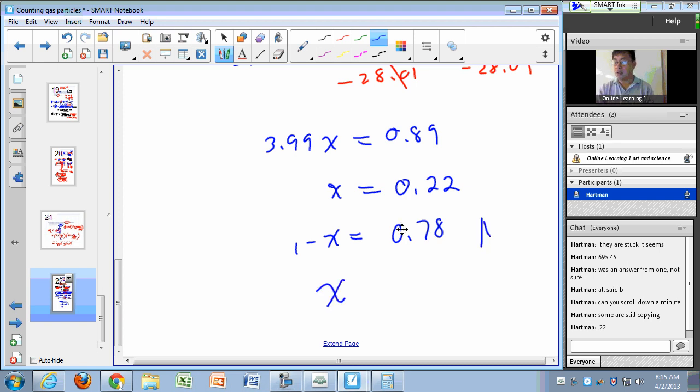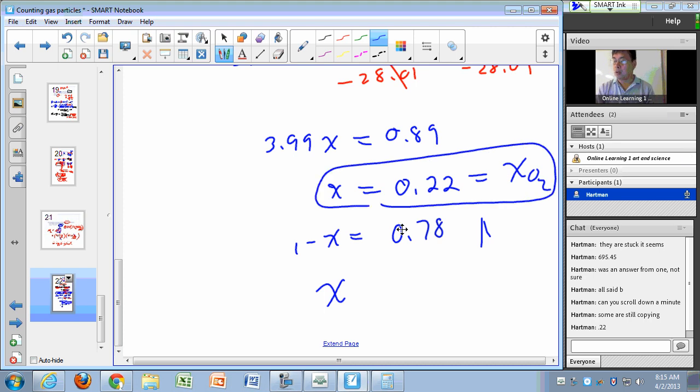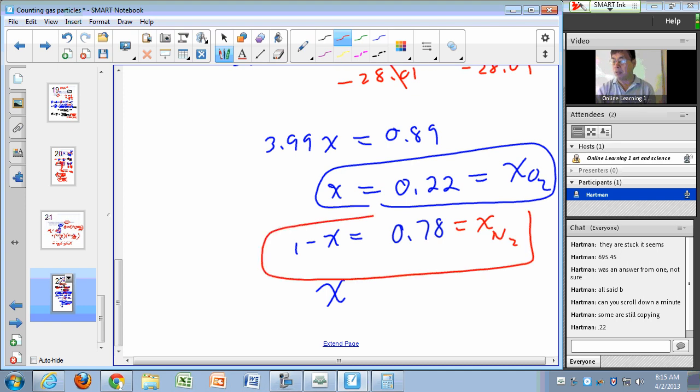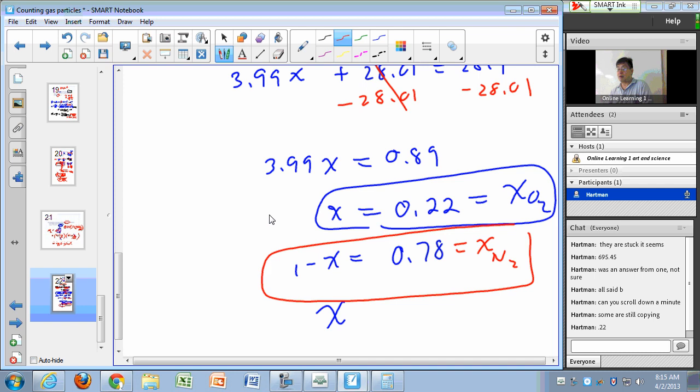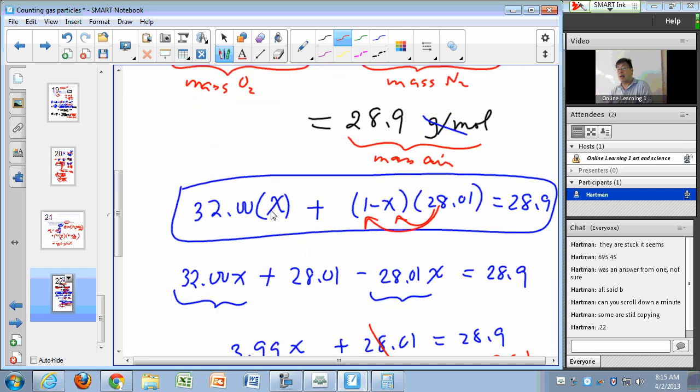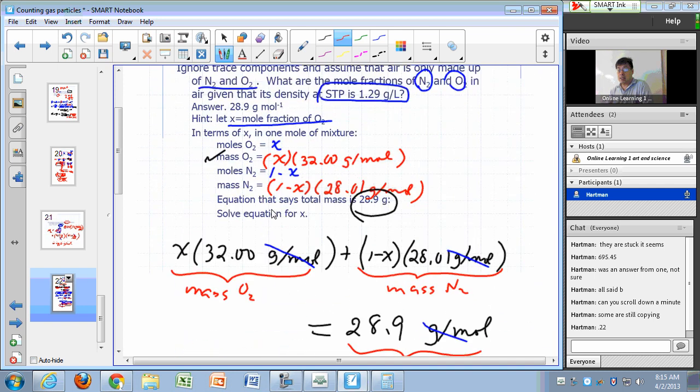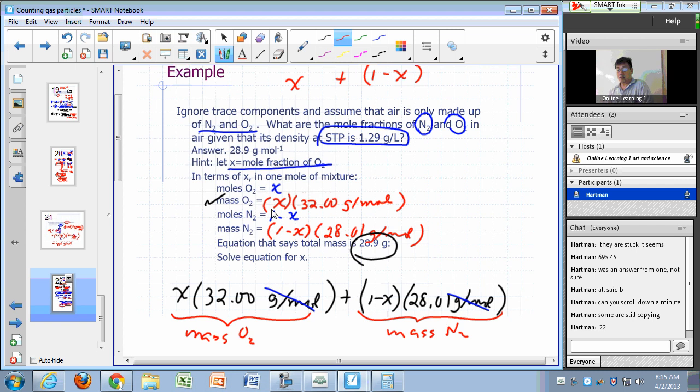This is the mole fraction of oxygen, 0.22, and the mole fraction of nitrogen is 0.78. We say air is 78% nitrogen and about 22% oxygen if we assume there's nothing else there. So that's based on the density of air at STP, given the molar mass as 28.9.